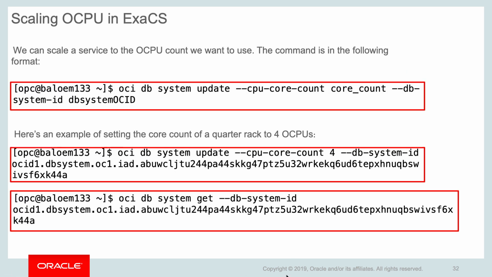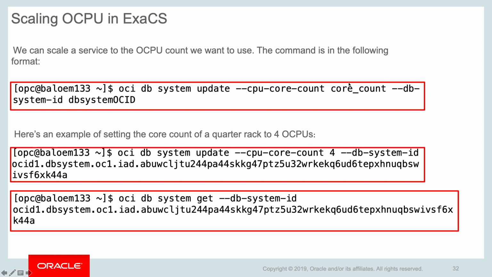Not only that, you can scale the OCPUs of Exadata Cloud Service. We can scale the service to the OCPU count we want, and again you will be using OCI DB system update --cpu-core-count, and the core count is the value you want to set.